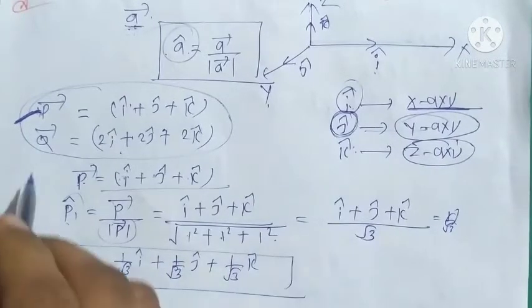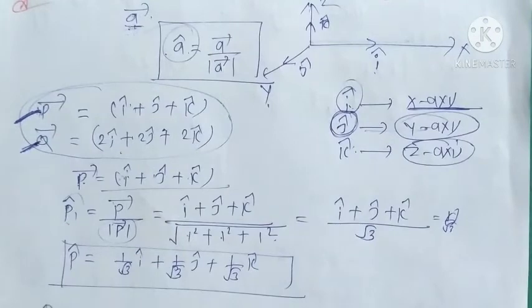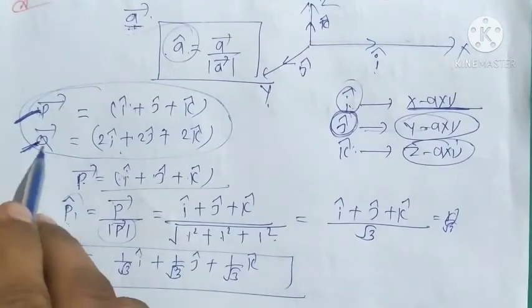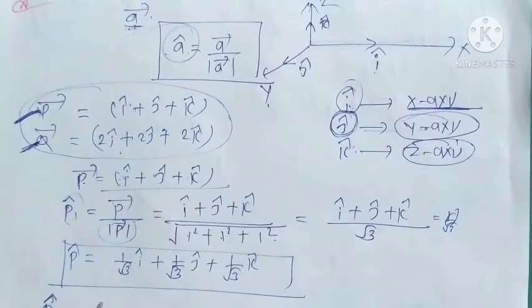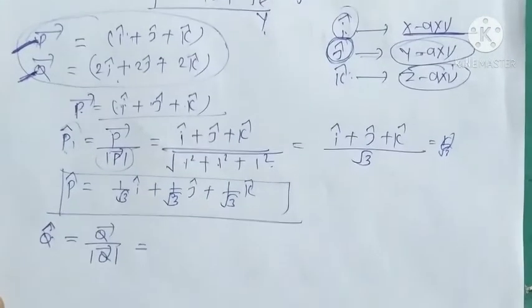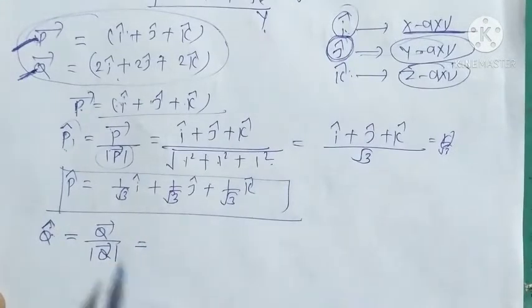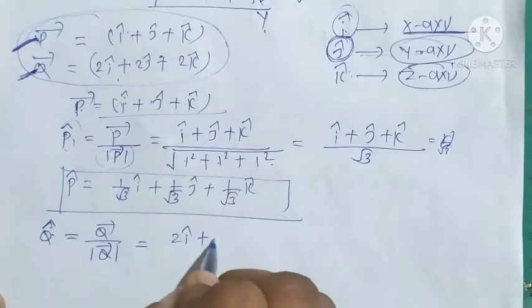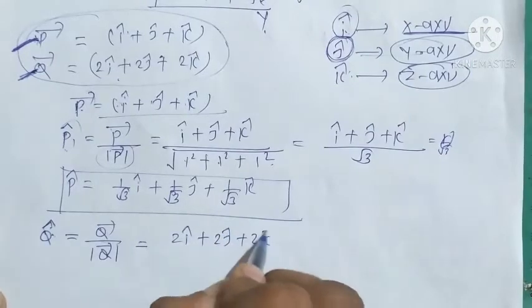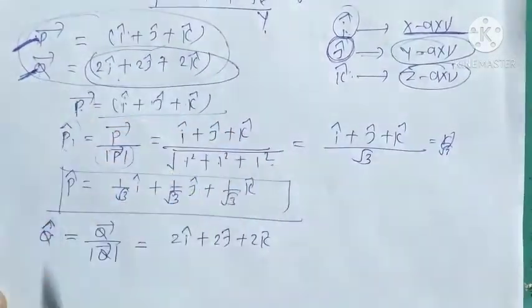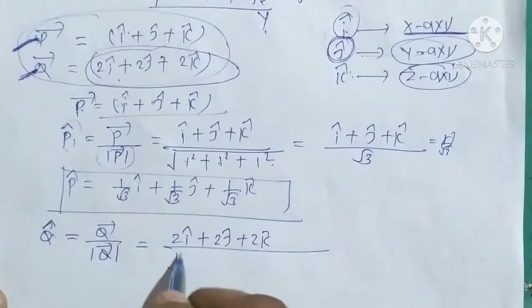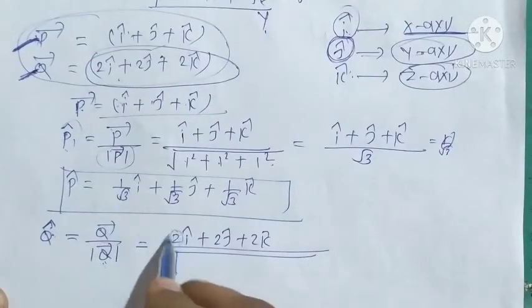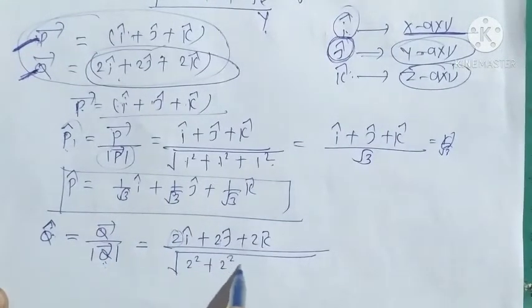So now we have to find the unit vector of Q. Q cap represents the unit vector of this vector Q. So Q cap is equal to vector Q upon magnitude value of vector Q. Firstly we write this vector Q, 2i, 2j, 2k, upon the magnitude value of vector Q: 2 square, 2 square and 2 square.